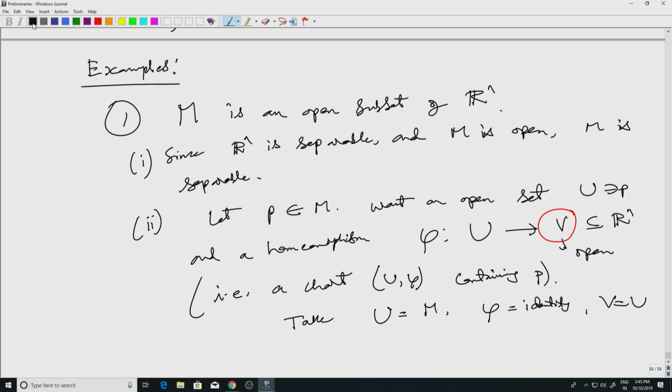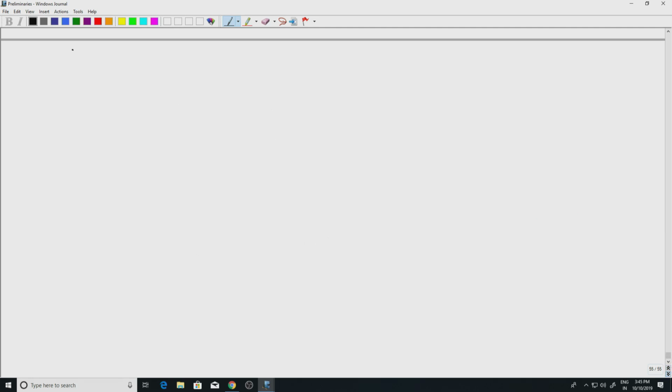So this is completely trivial. So the locally Euclidean property is satisfied with just one chart in this case.